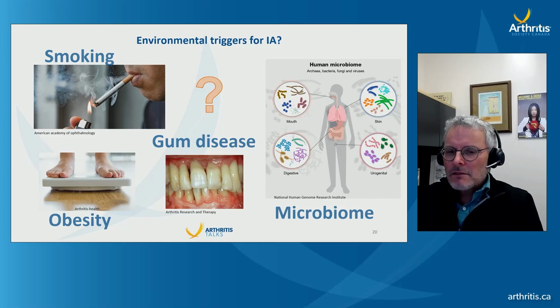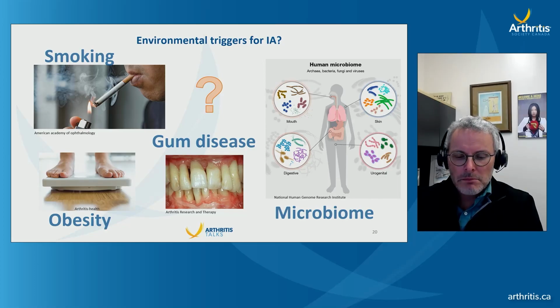There's a very complicated relationship between all of these microorganisms and your immune system. And for the most part, it's a beneficial situation. So people are well and we derive some benefit from it. But we know that in patients who have inflammatory arthritis, their microbiome is different than in people who don't.